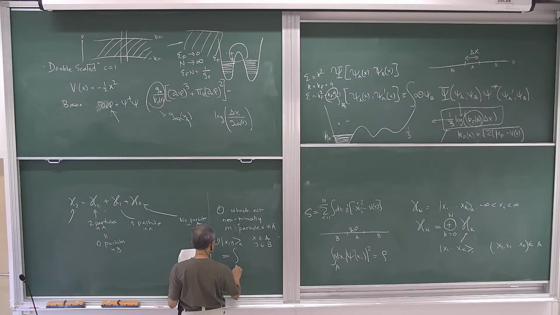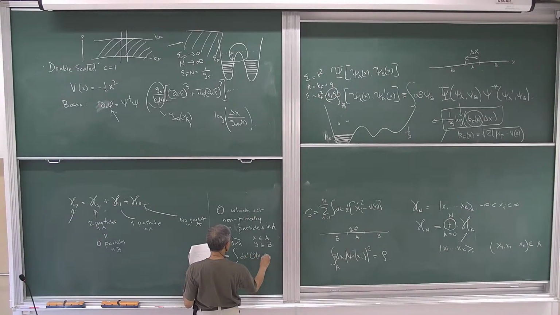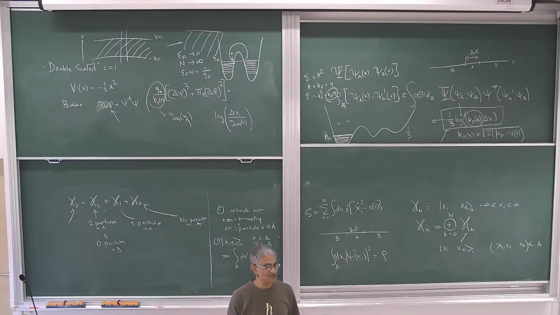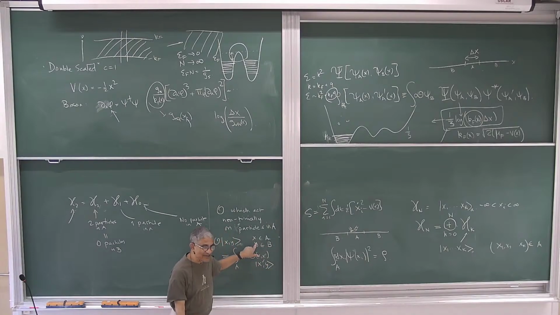So this A is always there, always antisymmetrized. So what this means is that this operator doesn't do anything to the particle which is living on the complement. And it does something to the particle which is living in A, and the result of that matrix element is this O of x prime.